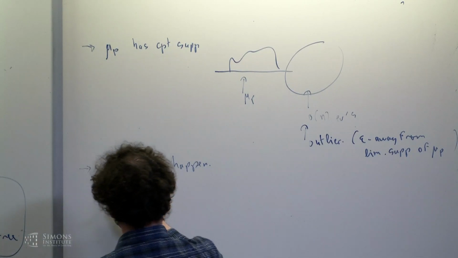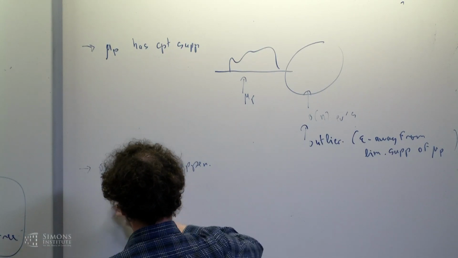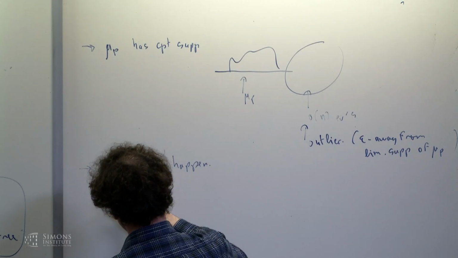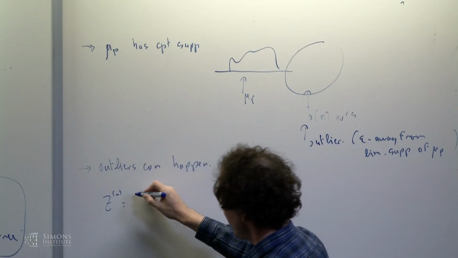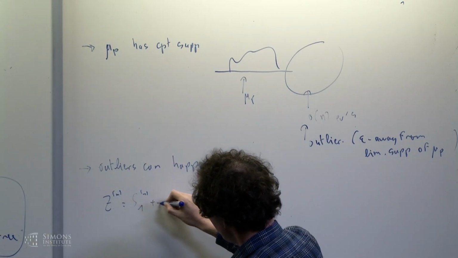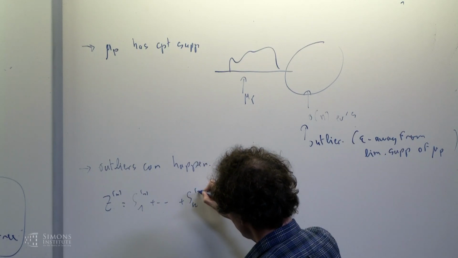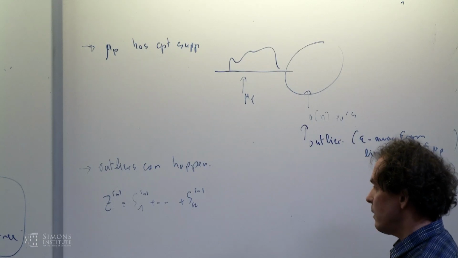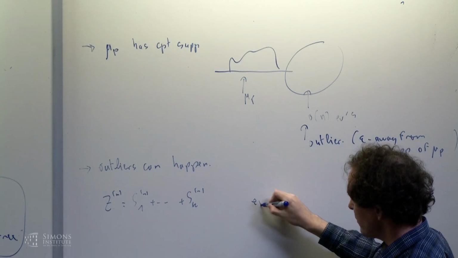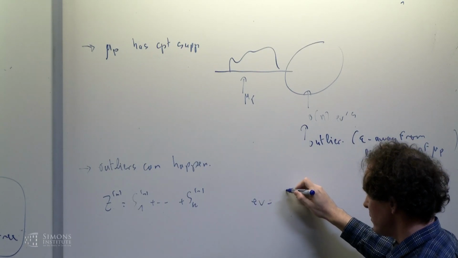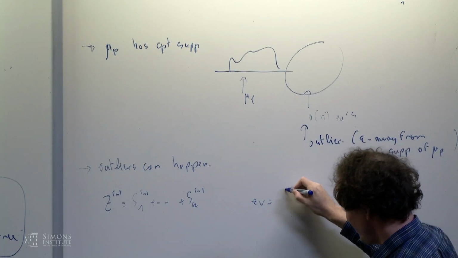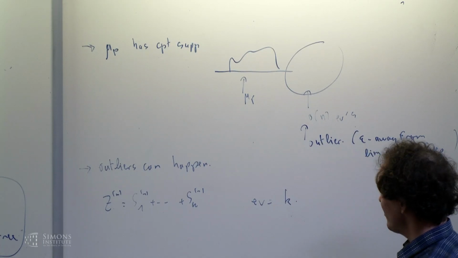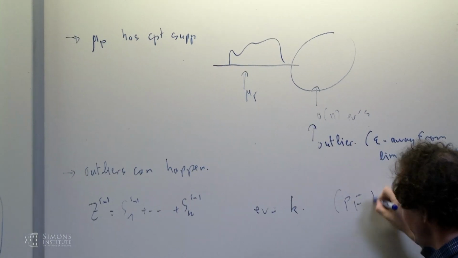Let me call it z on this occasion. So z n is S 1 n plus ... plus S k n, just the sum of these guys. Of course, this one has an eigenvalue k, right? So this is the Perron-Frobenius eigenvalue.